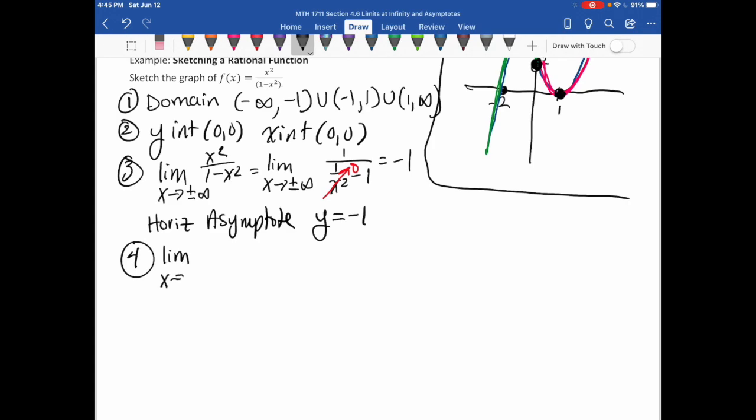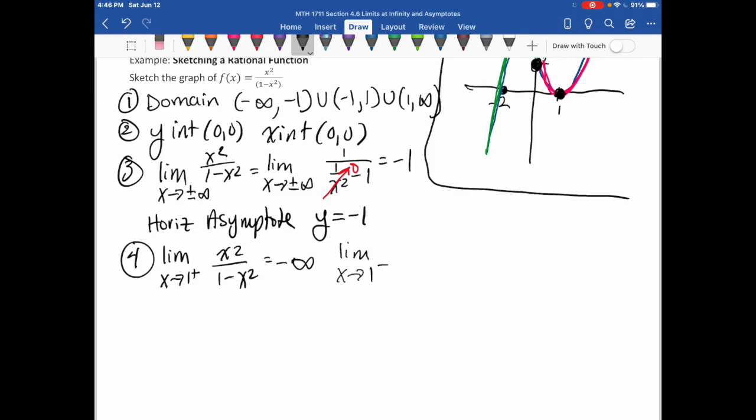So I'm going to take the limit as x approaches 1 from the right of x squared over 1 minus x squared. And if I'm coming to 1 from the right, that means I'm picking numbers that are bigger than 1. So in the denominator, I'm going to have 1 minus some number bigger than 1, which means I'm going to get a negative value in the denominator and a positive value in the numerator, which is going to make that go to negative infinity.